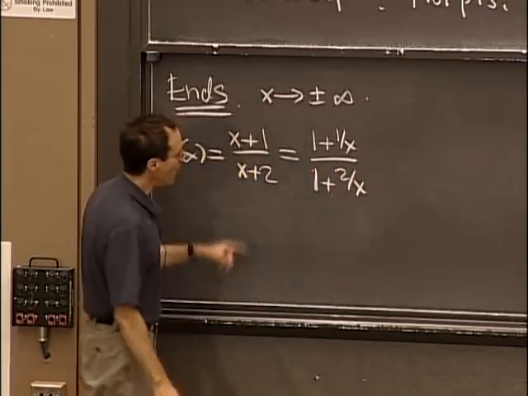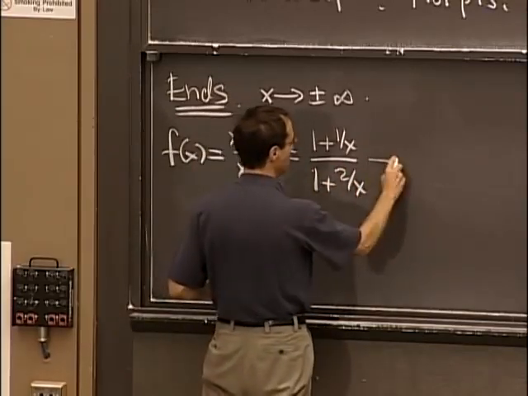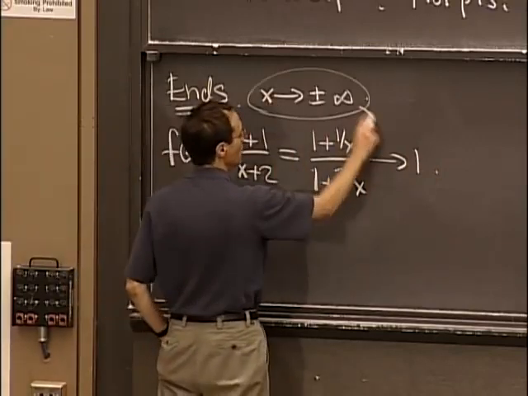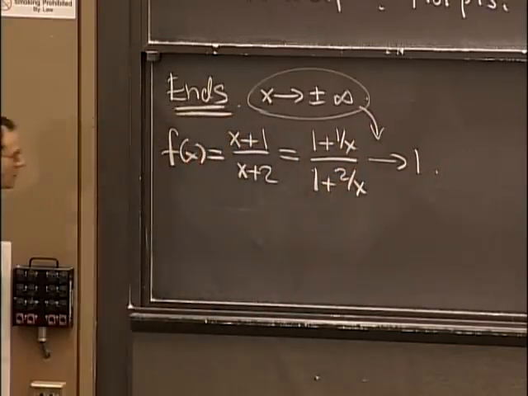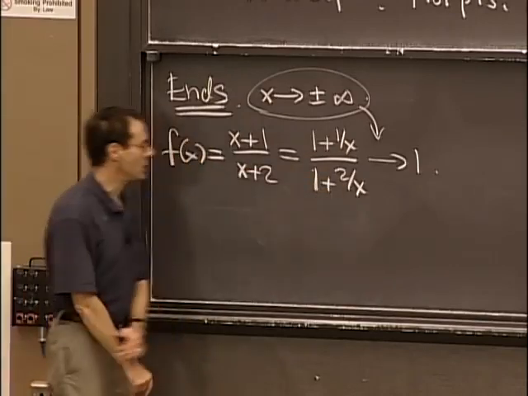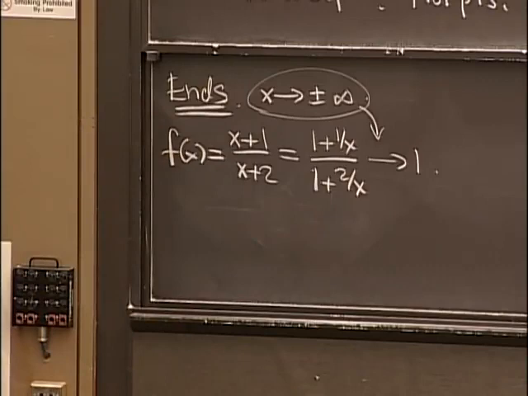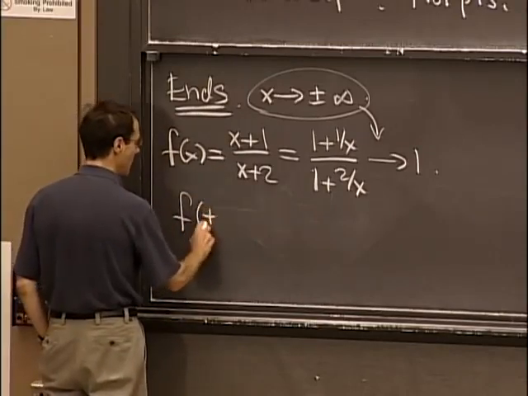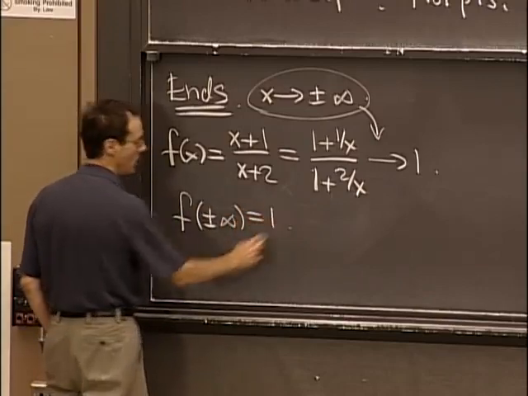And then you can see what happens as x goes to plus or minus infinity. It just goes to 1. No matter whether x is positive or negative, when it gets huge, these two extra numbers here go to 0. And so this tends to 1. So if you like, you could abbreviate this as f of plus or minus infinity is equal to 1.